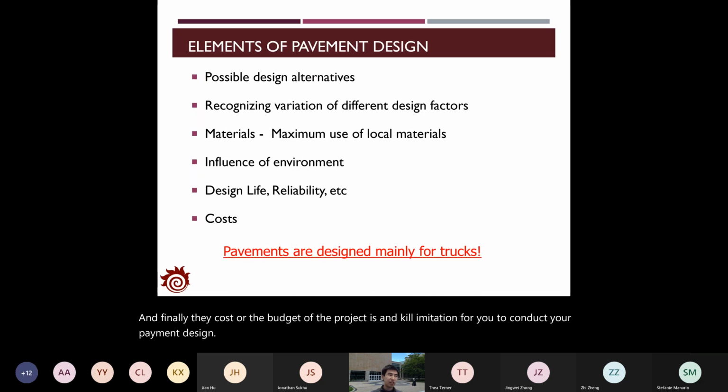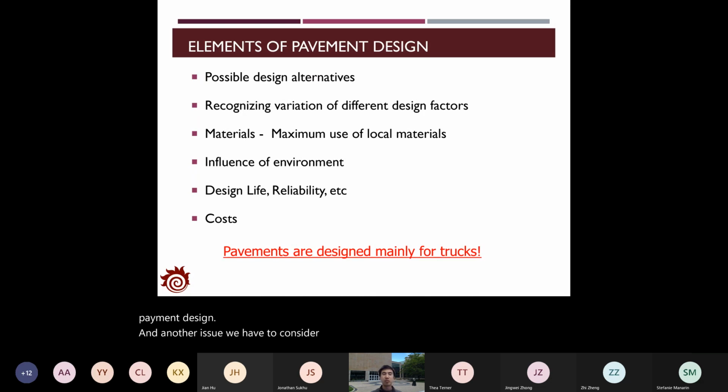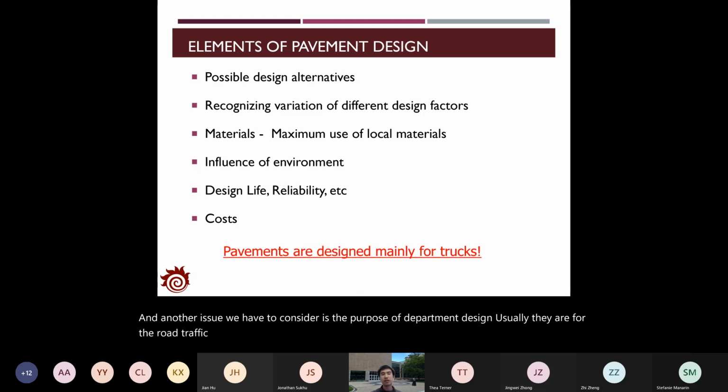Another issue we have to consider is the purpose of the pavement design. Usually, the pavements of the freeways and the local roads are not designed for passenger cars because the load from passenger cars is relatively small. Usually, we have to consider the pavement for the truck volumes.